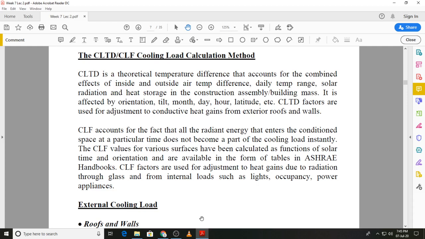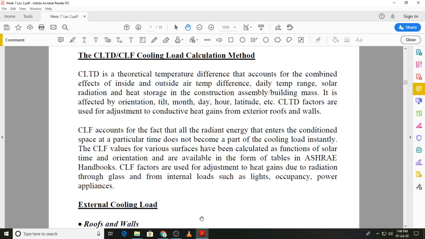We will simply use the CLTD values that are given to us in the form of tables. And once we have the table in front of us, you will see how we can select the right CLTD value from the table and then proceed with the calculation of the solar heat gain through that surface.